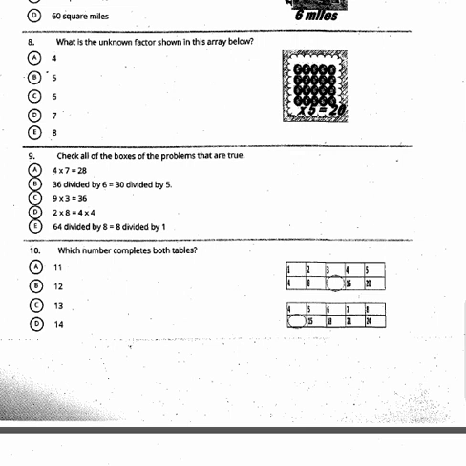Alright, number 9. It says check, or we could fill in all the boxes of the problems that are true. So we're going to look at each of these problems and think to ourselves, are these true or not? So is 4 times 7 28? If that's true, go ahead and fill that in. Does 36 divided by 6, think about what does that equal? Does that equal 30 divided by 5?